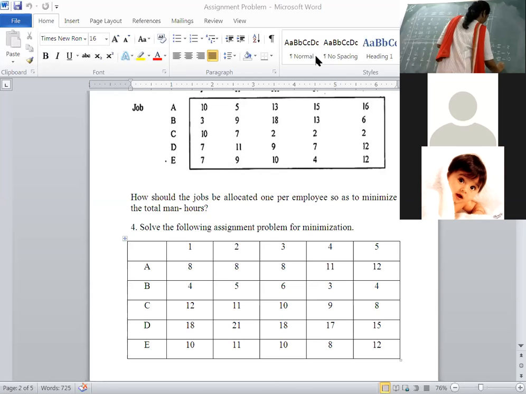D goes to 5. What is the value? 15. E goes to 4. What is the value? 8. The answer is 45. Here they didn't ask about minutes, time, whatever. They simply asked to solve the assignment problem for minimization. No need to write anything. Just 45 is your answer.